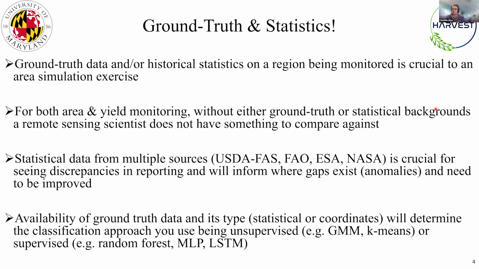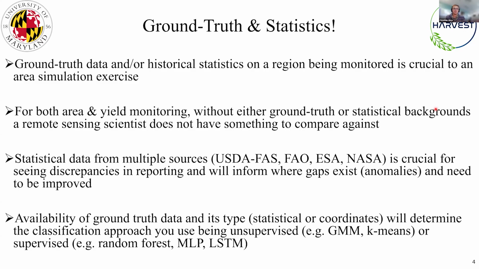And that comes in the form of two things. First, statistical information. That's information provided by the country, or by a non-governmental organization such as the FAO, or the USDA Foreign Agricultural Service, ESA, NASA, places like this, providing information about how much wheat did this place produce per year? What is the cropland area? What was the land abandonment? Where? How much?